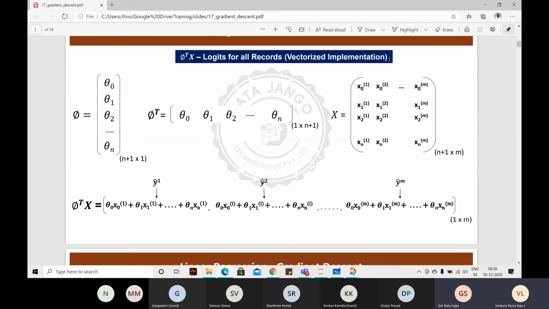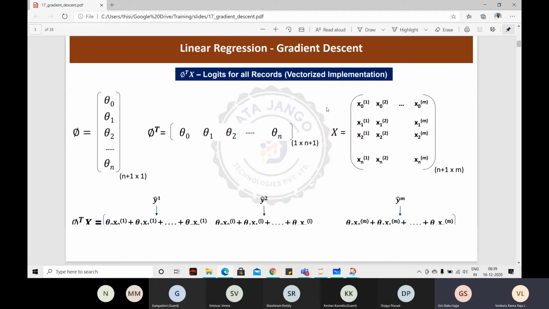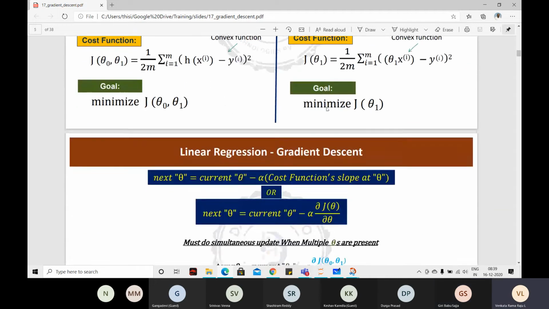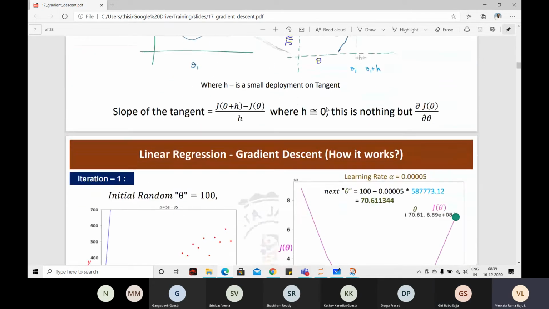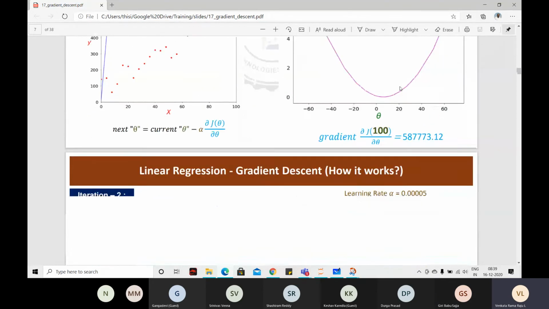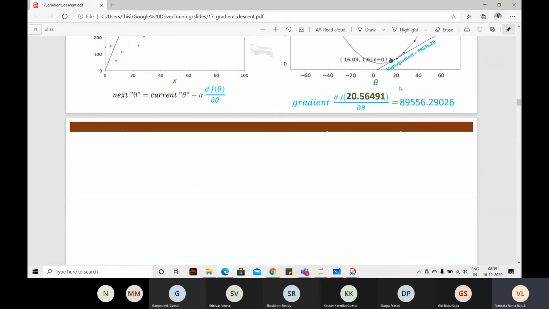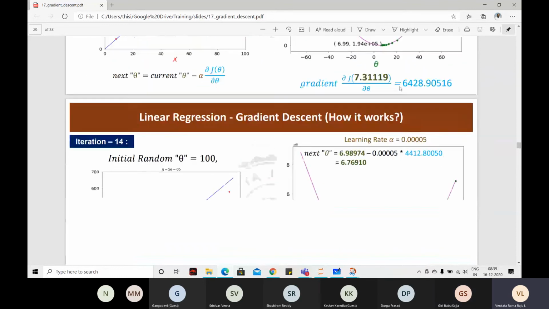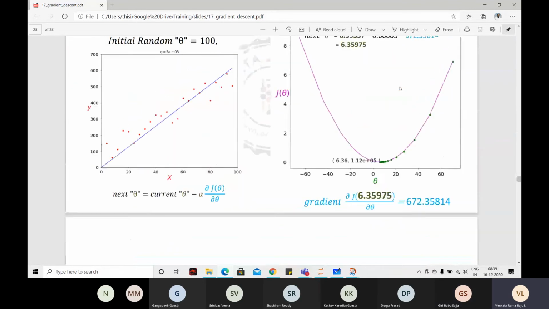So far we just started with some theta and then predicted the corresponding y values. That's where we reached. No, we actually understood how the gradient descent algorithm is finding the best thetas. We started somewhere here. I will show you one video in a moment.